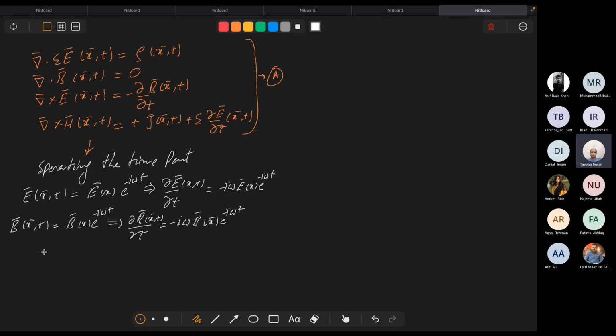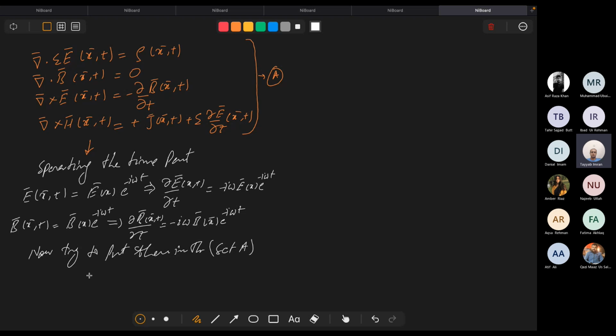Now if we try to put these in the set A, all these equations, then what will be the situation, or what will be the shape of these equations?